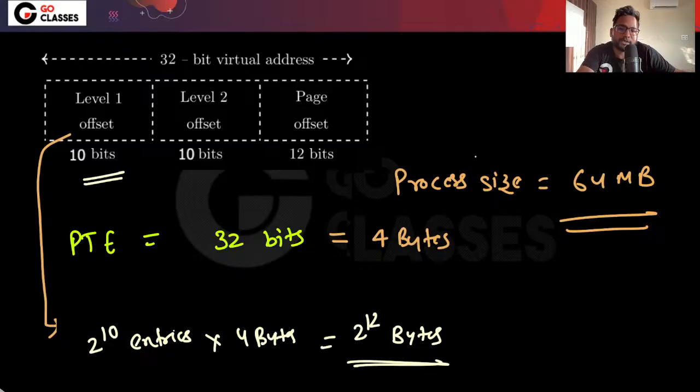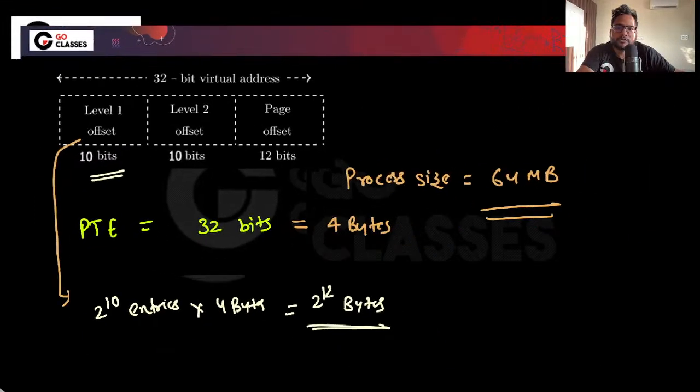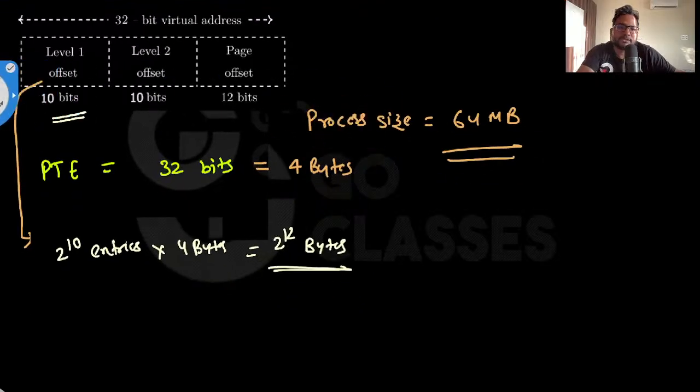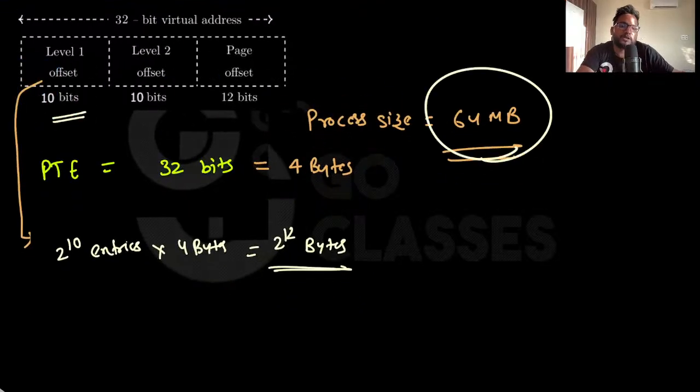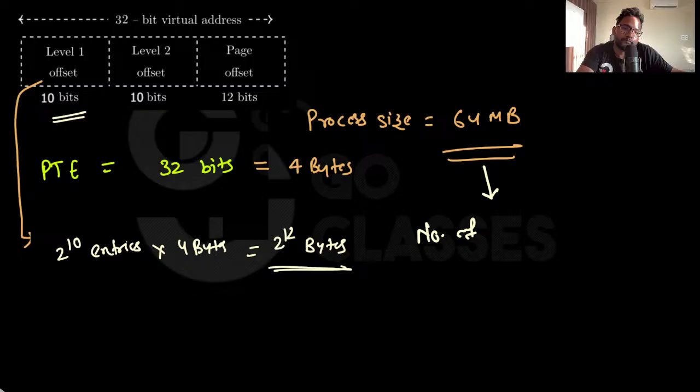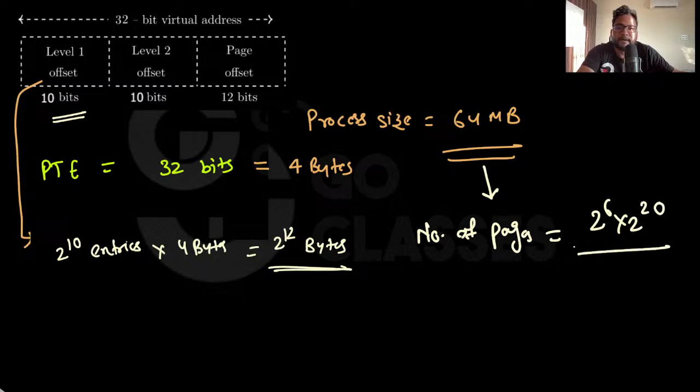Now we need to check how much total space the other page tables will be taking. Let's do it step by step. We have 64 MB total space of the process. From the total space, can you tell me the number of pages the process will be taking? It will be 2 power 6 into 2 power 20, which is total space divided by one page size, 2 power 12.